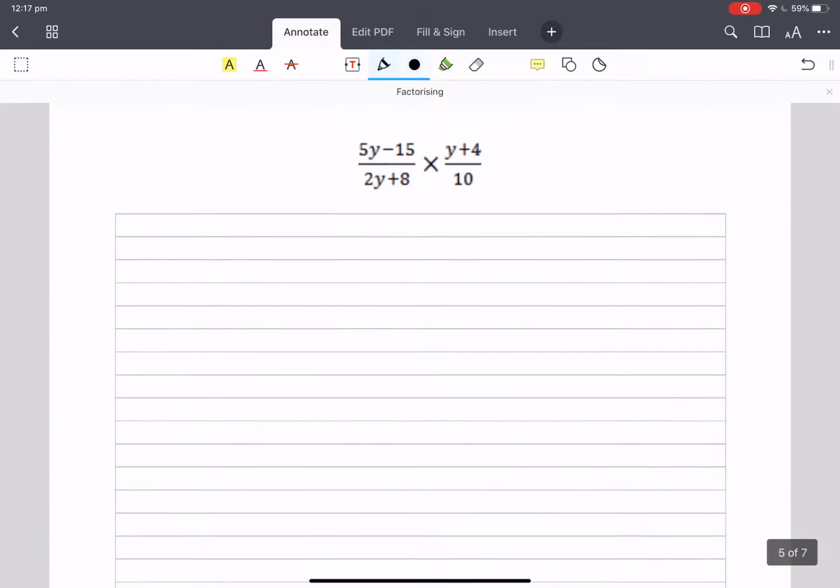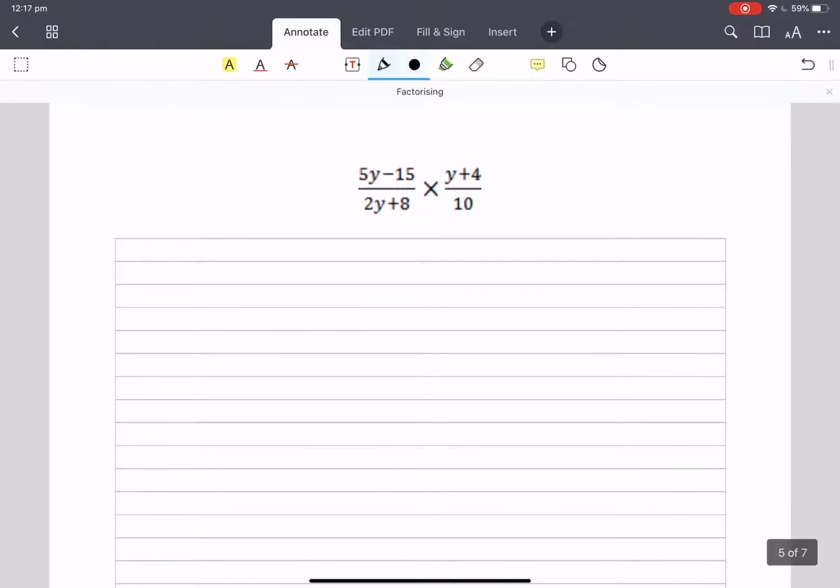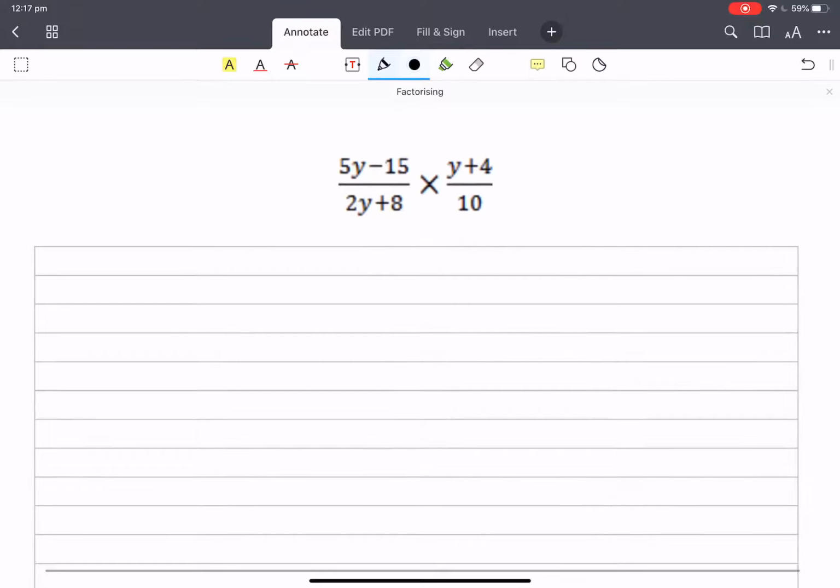Okay. Got a treat for you. These are the really hard questions in that worksheet, in that expanding worksheet. We're going to factorise and simplify all at the same time. Okay, so I'm looking at this top line there and factorising it.